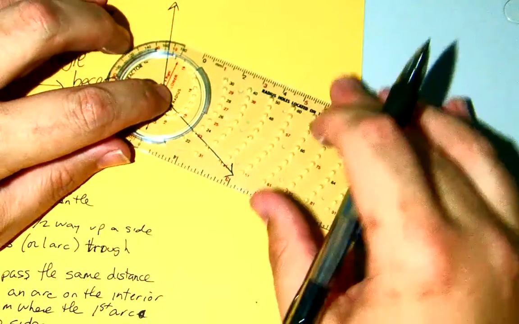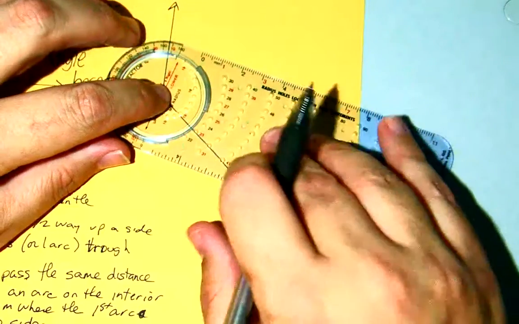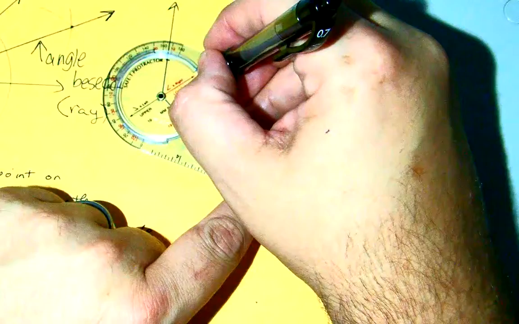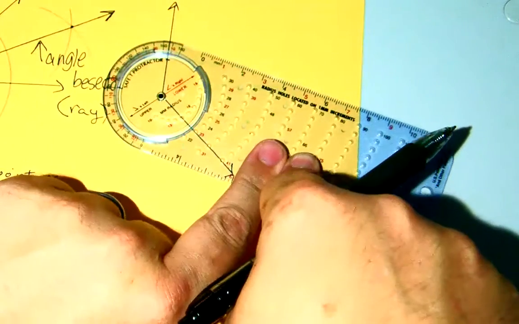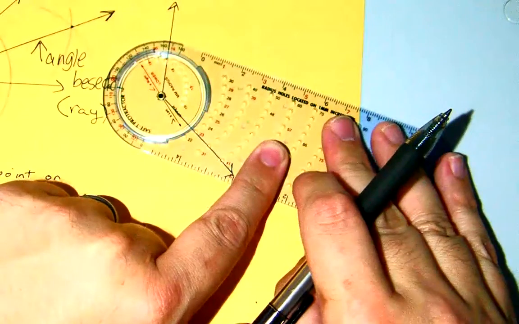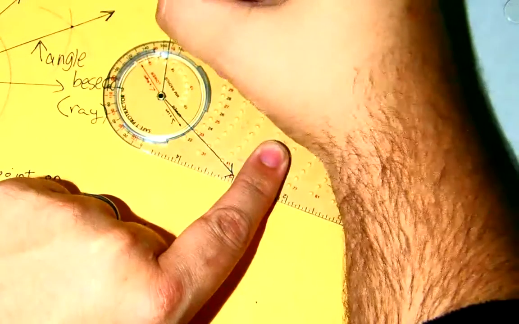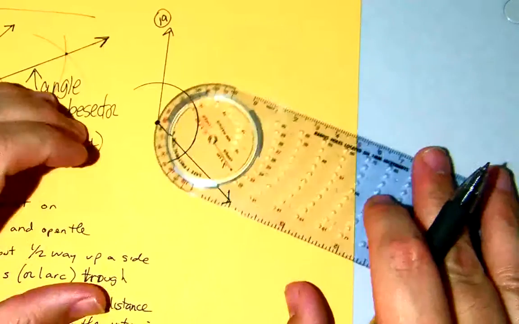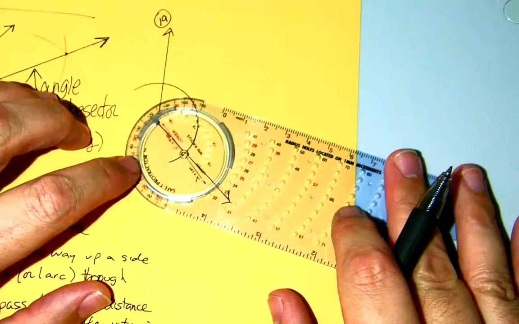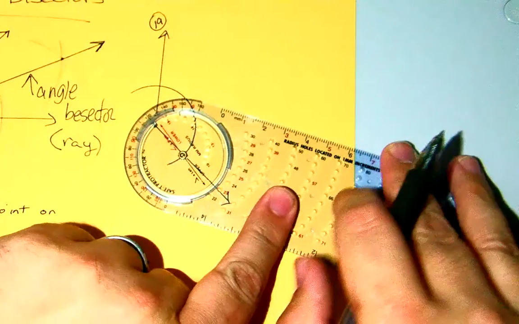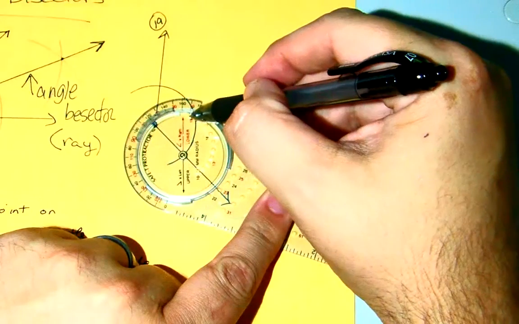Now, since I know I'm on the vertex, I'm going to pick point 19 here. I'm going to use a point on the inside, so I'm going to hold down the outer part and use this one just so I don't have to go too far. And I'm going to create that first arc. I used point 19, so I'm going to put 19 up there so I know which one I used. And now I'm going to jump over to this point. Hold this down and get 19.